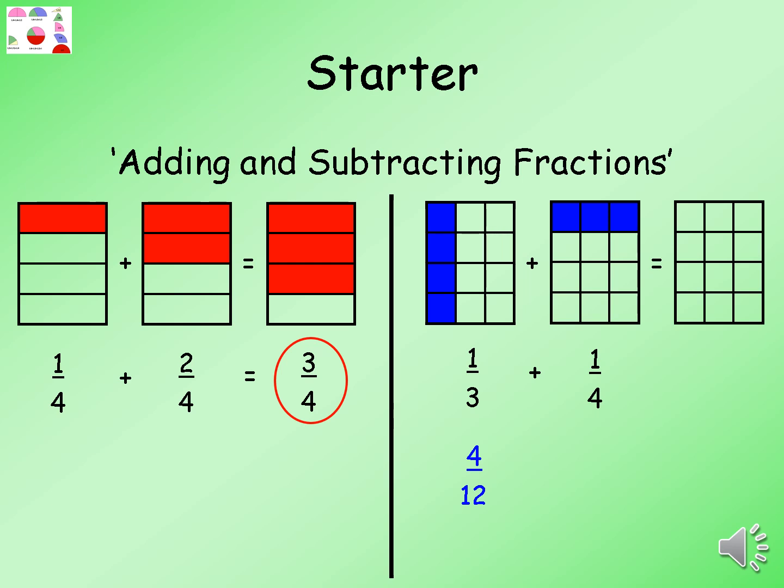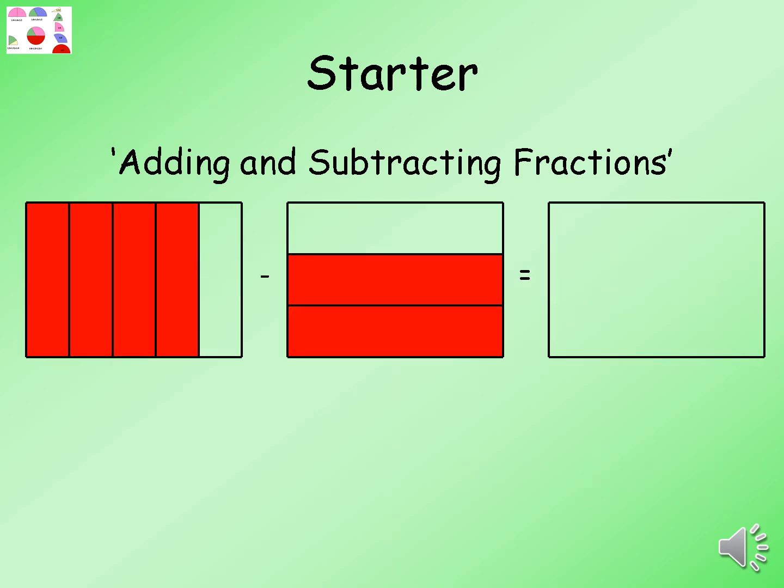So we do the same to the top number, so that becomes 4/12, and similarly on the other side we multiplied 4 by 3, so that becomes 3/12. Okay, and then because the common denominator is now the same, we simply add the 2. So 4 add 3 is 7, so the answer is 7/12.